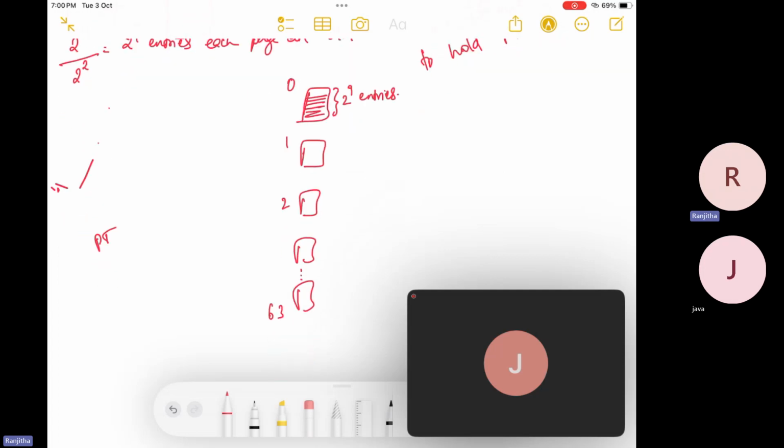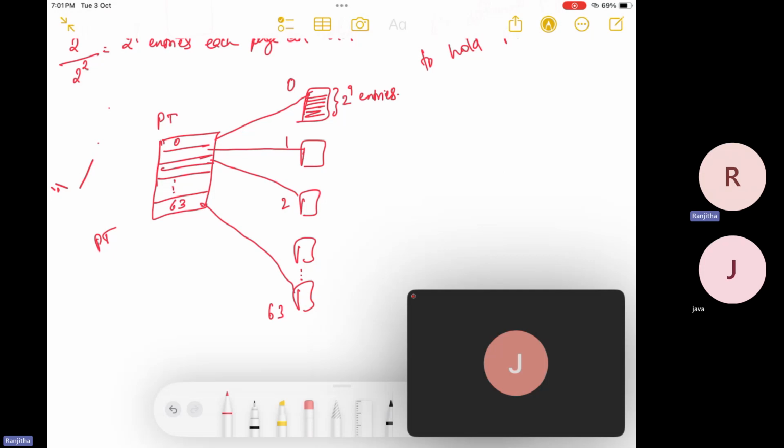So in the hierarchical scheme, we will have an outer page table with 64 entries. This will point here, this will point here, like that.